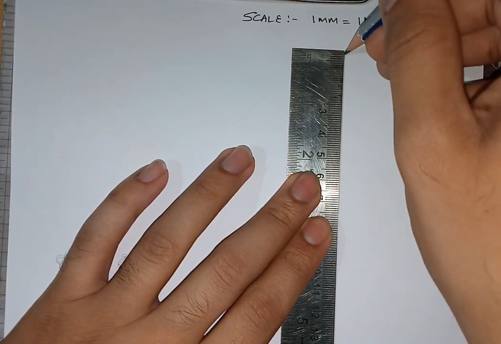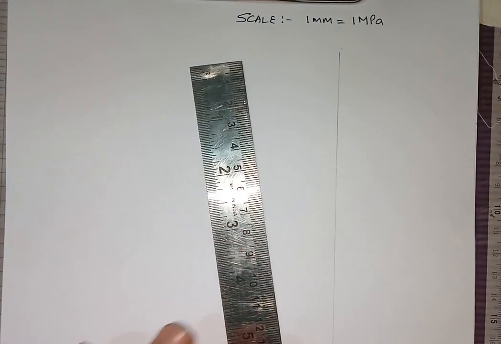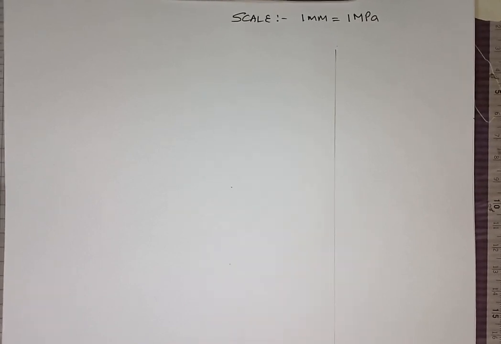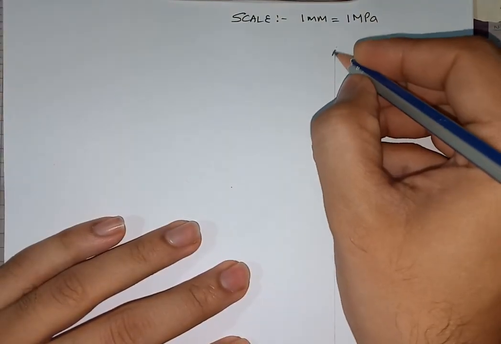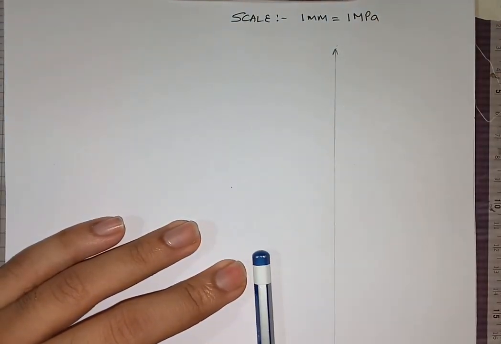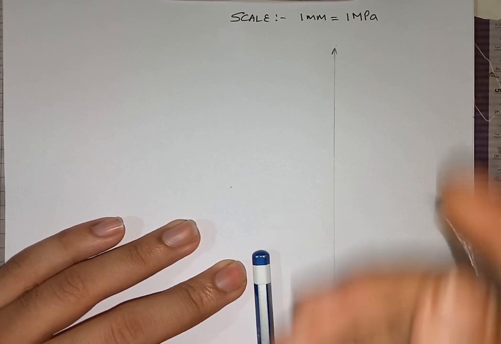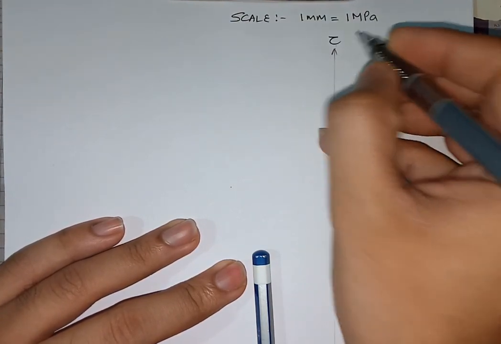Okay, so this is your y-axis in normal terms, and in terms of Mohr circle, this axis is the shear stress axis. So this is the tau axis.